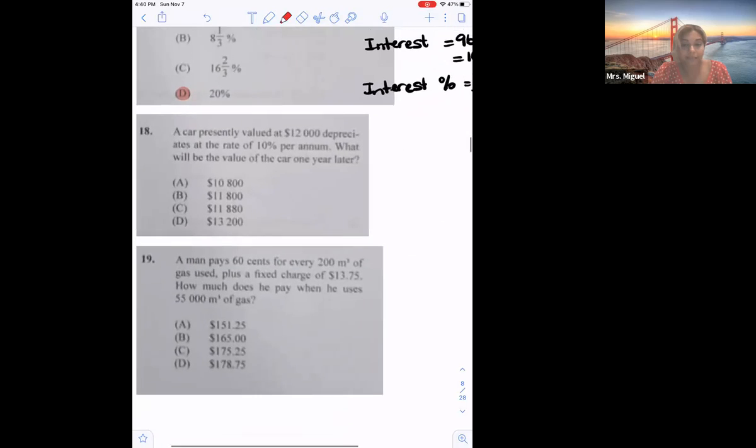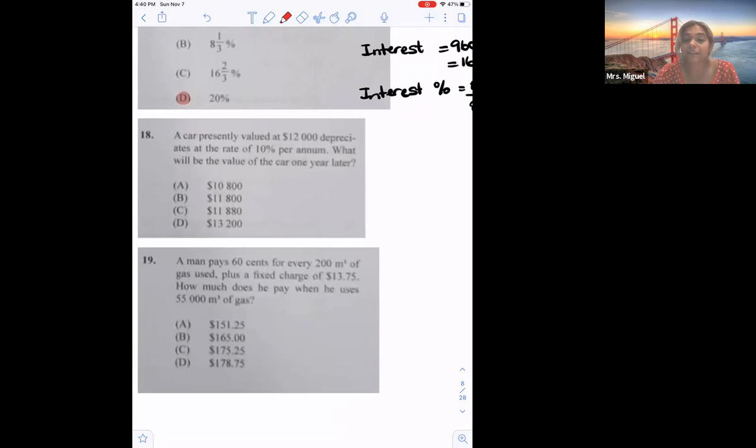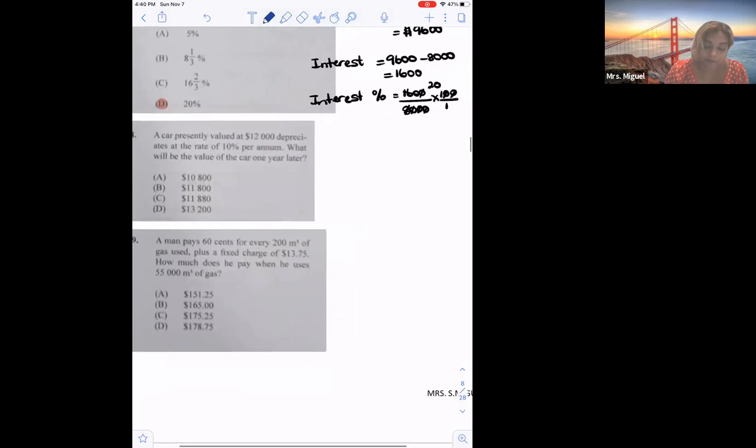Number 18, a car presently valued at 12,000 depreciates at a rate of 10%. So V0 is the initial value of the car. V0 is 12,000, right?